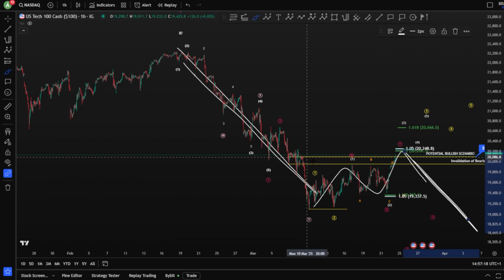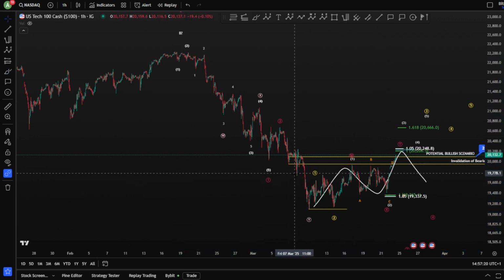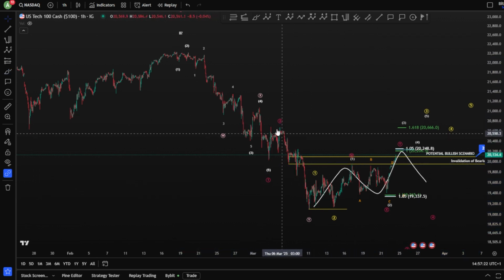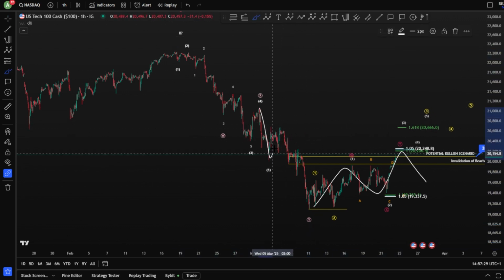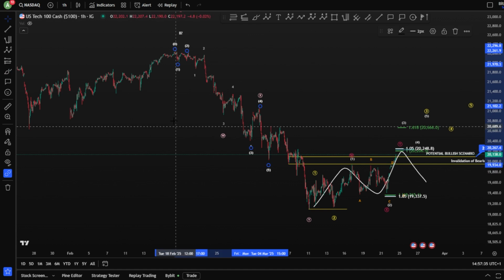In this case scenario, because we got invalidation here of the impulse, it has turned this one into a zigzag, so we have to remove all the impulses. Very simple. A, B, and a C. No impulses.